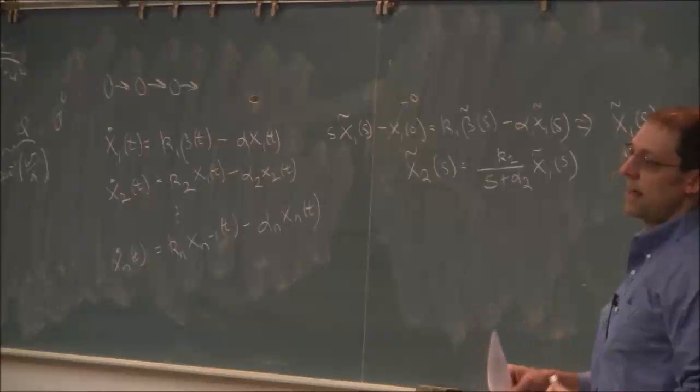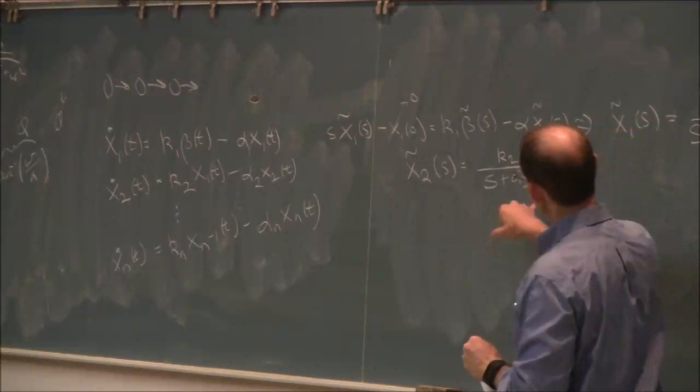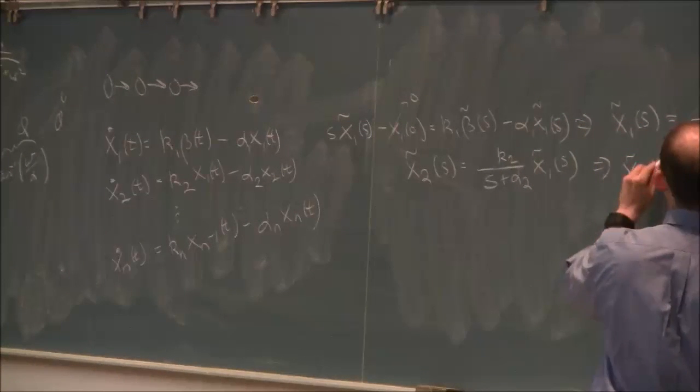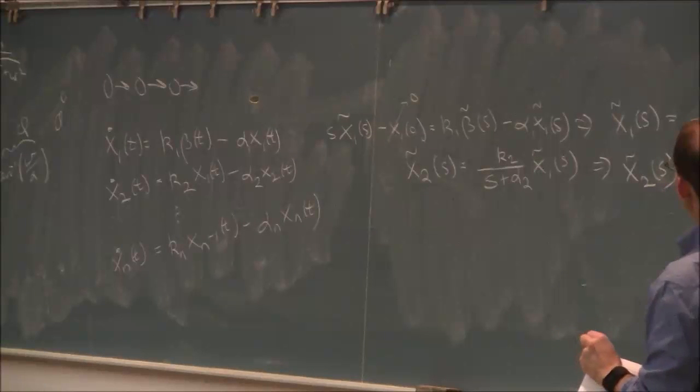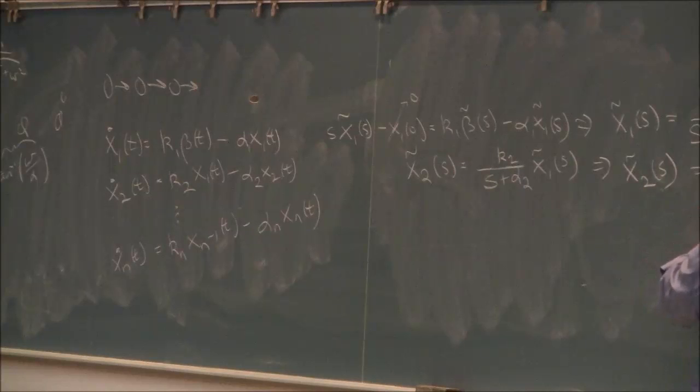So we're assuming that x1 at time 0 and x2 at time 0 are all 0. So we get x2 in terms of x1, and then we can replace the expression for x1. So we get k1 k2 divided by s plus alpha 1, s plus alpha 2, times the input.